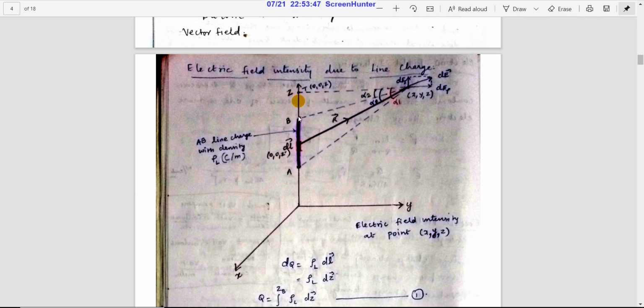If we draw line segments from the two ends of the line charge distribution, we can draw these two lines, and also a perpendicular projection to the Z axis. So we can define various angles for finding the charge distribution and the electric field intensity.